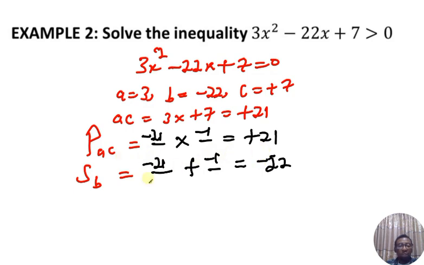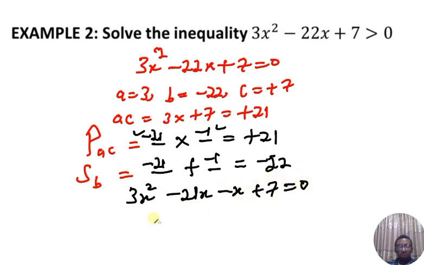So the two numbers are this and this. I'm going to replace the middle term minus 22x with minus 21x minus x. So that gives us 3x squared minus 21x minus x plus 7 equals 0.